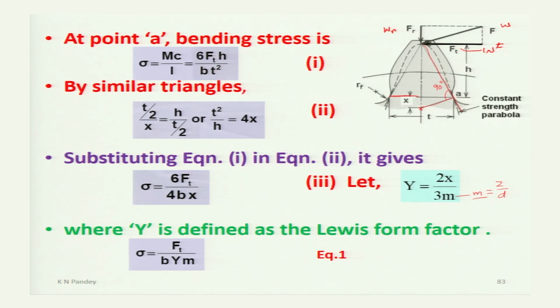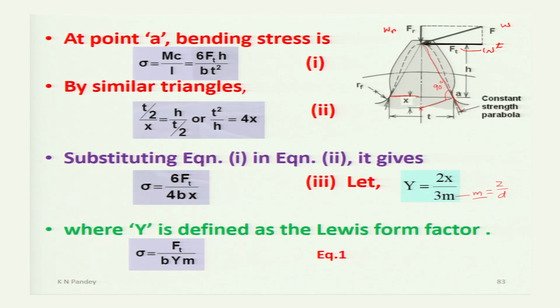Now let us draw a tangent on the fillet from the tip of the uniform strength parabolic beam shown by this dashed line. This is the tangent line, and at A this line is tangent.